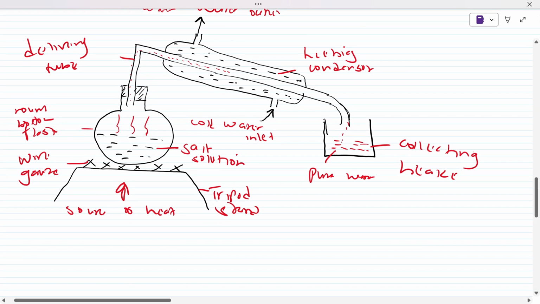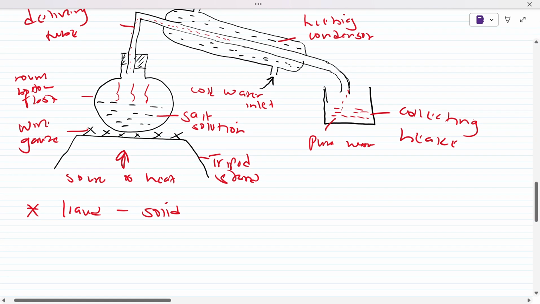So it separates the system, but at the end of the day what you're supposed to know is that it helps separate a liquid from a solid, a technique that we can use. And also you have to know that in organizing such a system you have to be very sure that it is really appropriate, meaning you have to know the type of mixture you are dealing with.